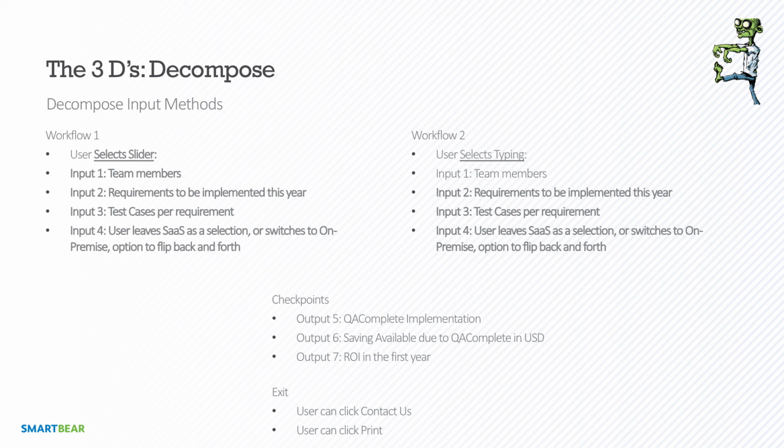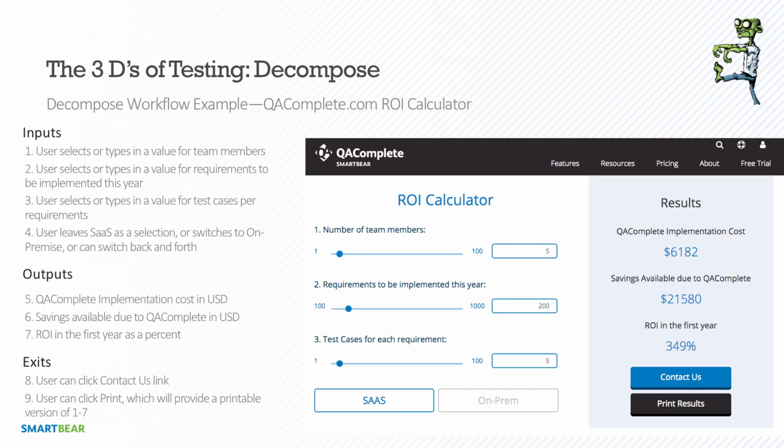inputs do actually add failure points. In our example here, we actually have a real bug. You can go on QAcomplete.com and click the ROI calculator and you can see this bug that we haven't fixed yet, which is the slider bottoms out at 1. I can slide it all the way to the left. The control, where you type things in, is a type-in field, but you can enter 0.